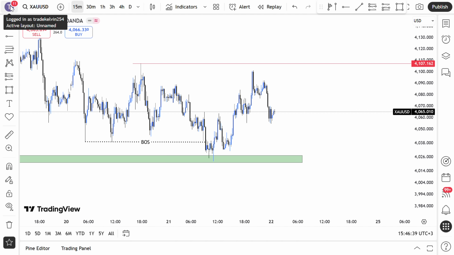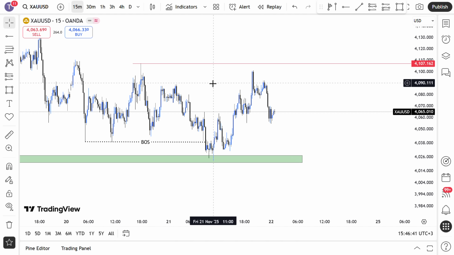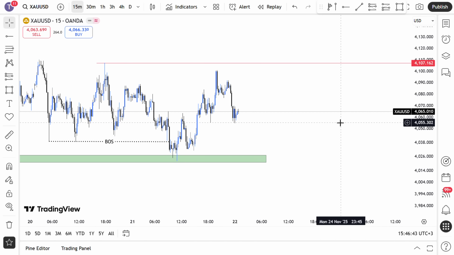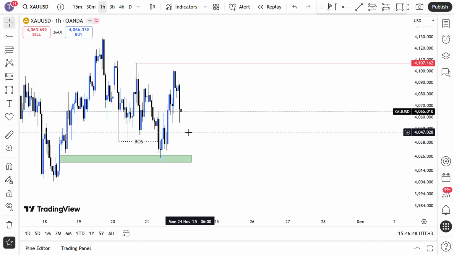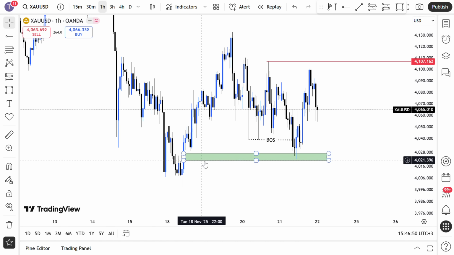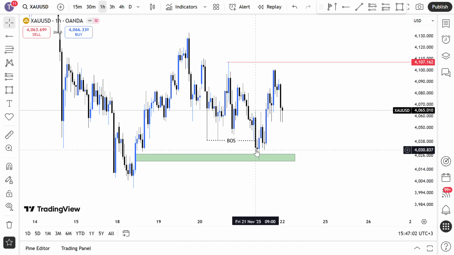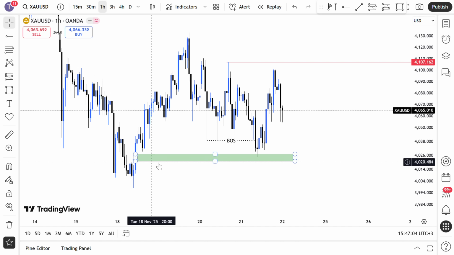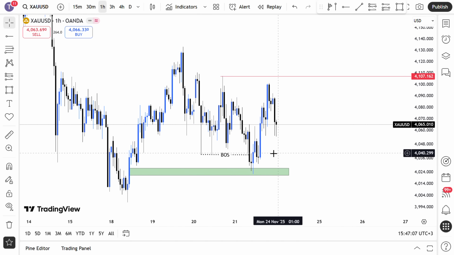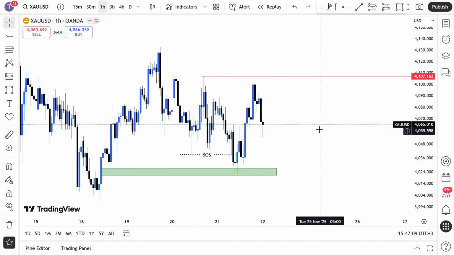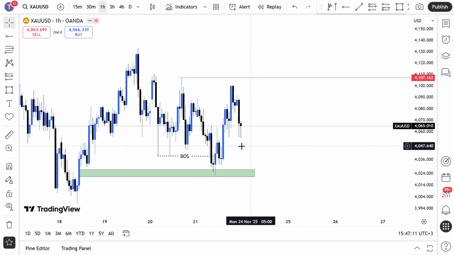So if I come into the 1 hour time frame, I want to look for a point of interest where I can look for my buying opportunities because this was the untested area, because the fair value gap was left behind here. So I think gold was trying to come into this area, fill this fair value gap before we have a buying reaction to the upside. So because of that, I want to look for buying opportunities.